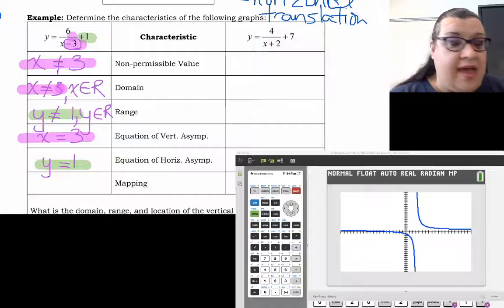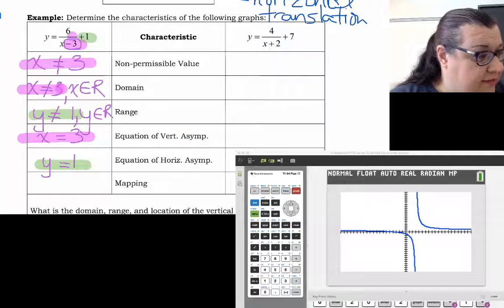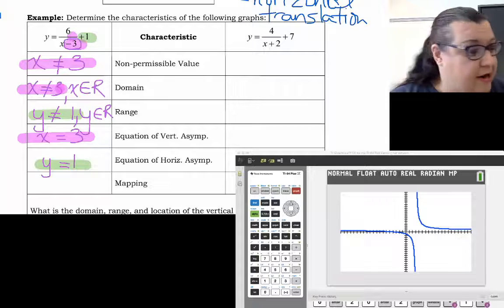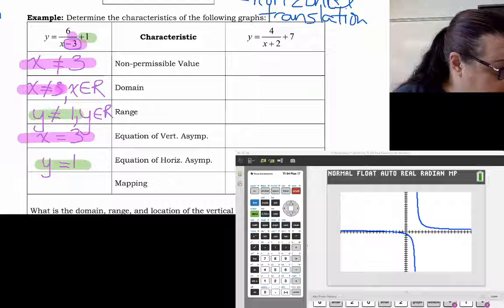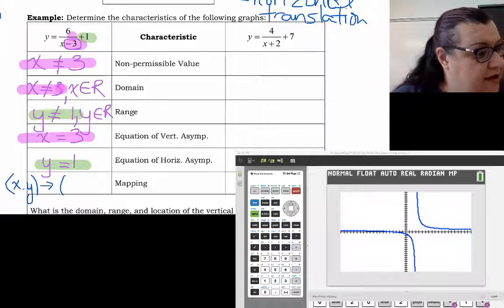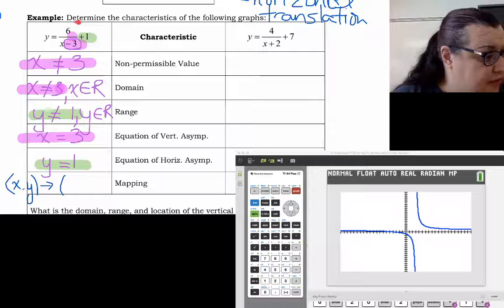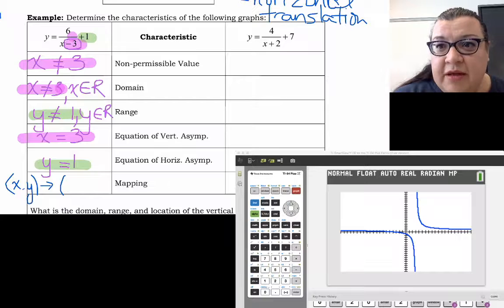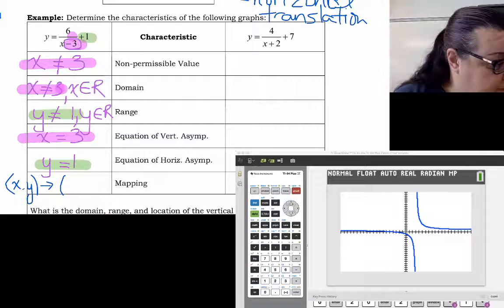Okay? And in terms of mapping, if we use ideas of mapping from our previous transformations, what's our mapping? So x and y, well, your stretch value is 6. Remember, this is our vertical stretch value, so it's what we multiply the y by.